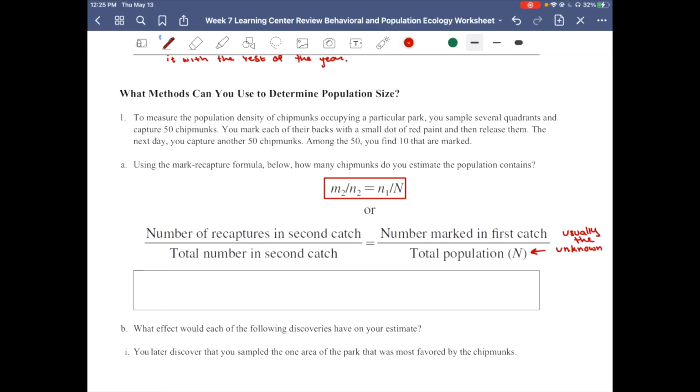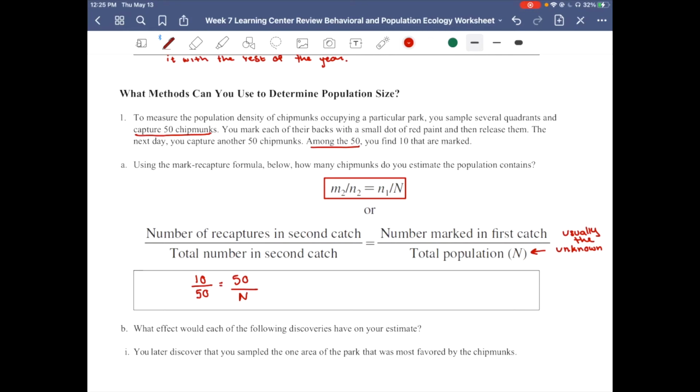So in this example, the number recaptured in the second catch was 10, and the total number in the second catch was 50, because they caught 50 in the second capture, and only 10 of that were marked. So it would be 10 over 50, equal to the number marked in the first catch, which was 50 because it says here that they captured 50 chipmunks, and then this is what we don't know.